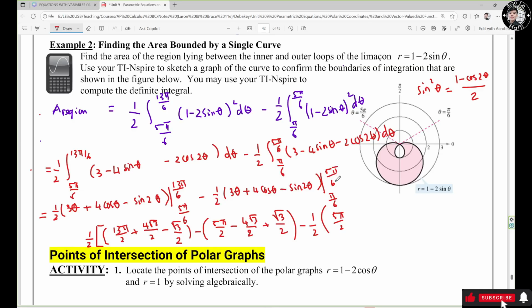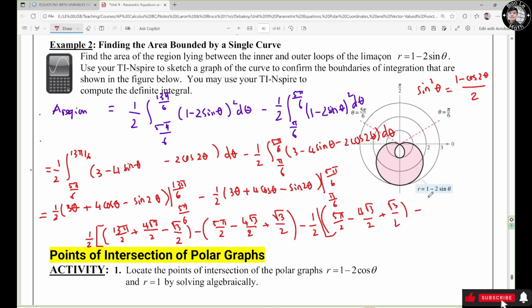Cosine of 5 pi over 6, which means negative root 3 over 2 times 4, it could be negative 4 root 3 over 2. Sine of 5 pi over 3 is going to be negative root 3 over 2, and the negative sign here becomes positive root 3 over 2.